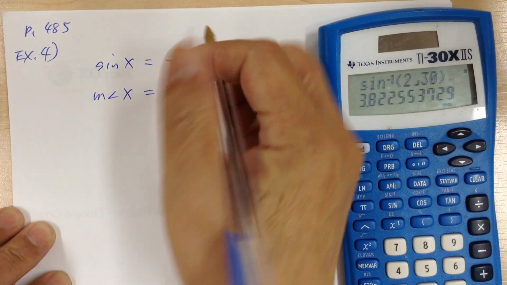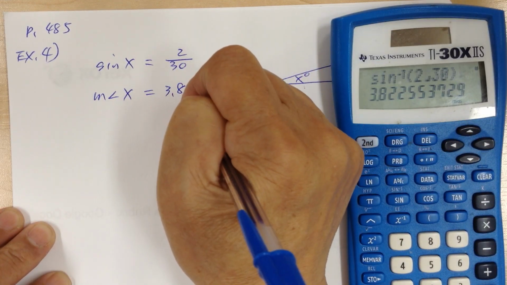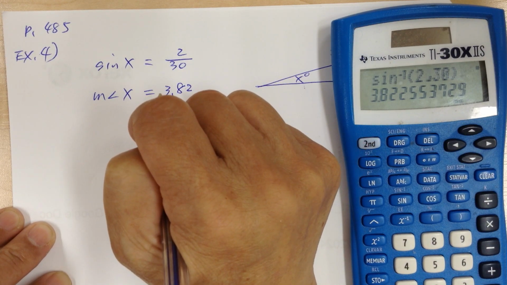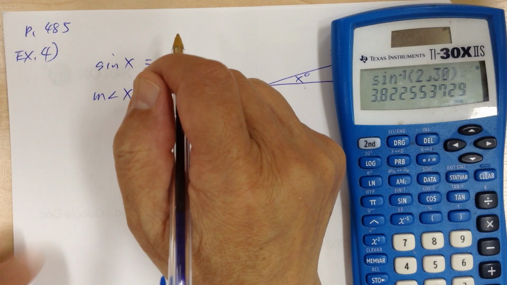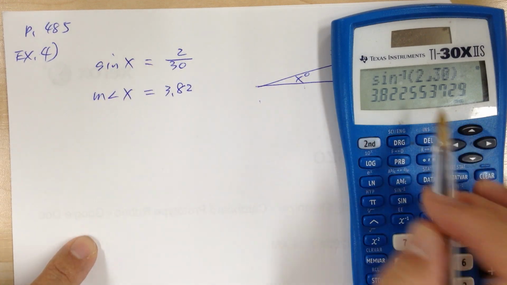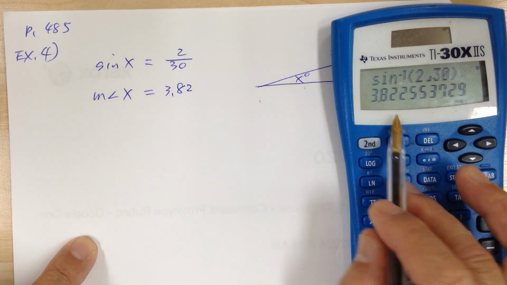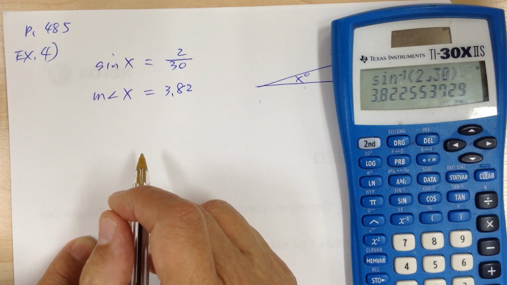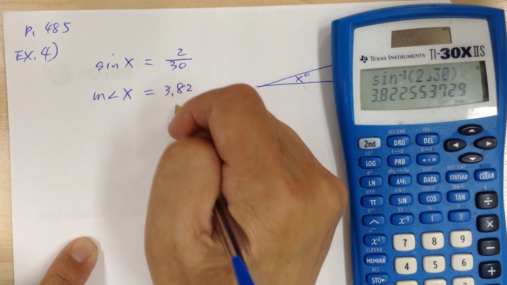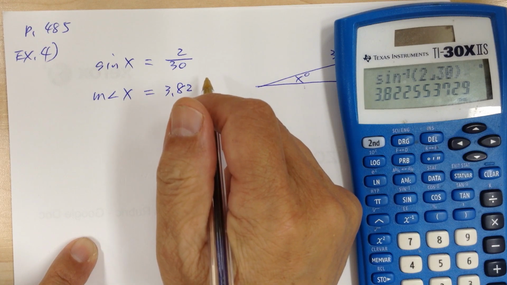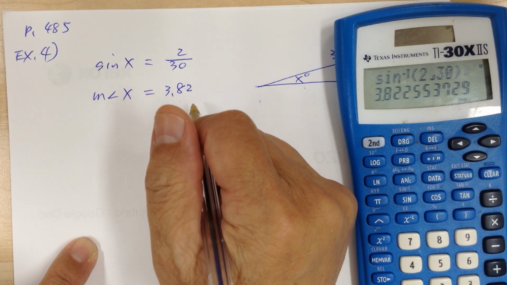They rounded it off to 3.82. So the answer is slightly off, but that's okay, because they rounded it off and rounded it off again. That's why the answer is different from this one, which just goes straight. So it'd be 3.8, which is fine. This is acceptable because this is less than 5 degrees. So the answer is yes, it is within the suggested range.